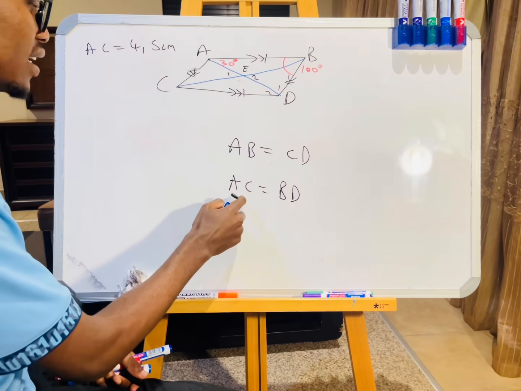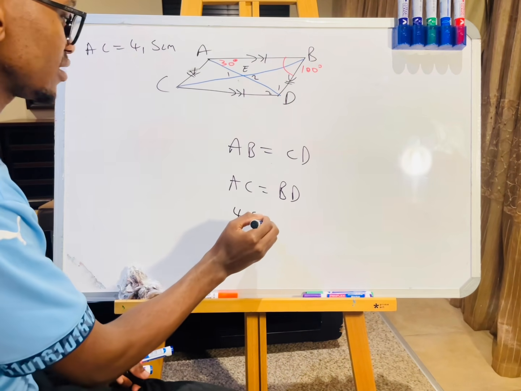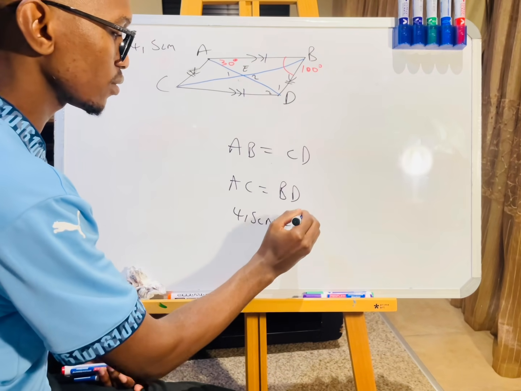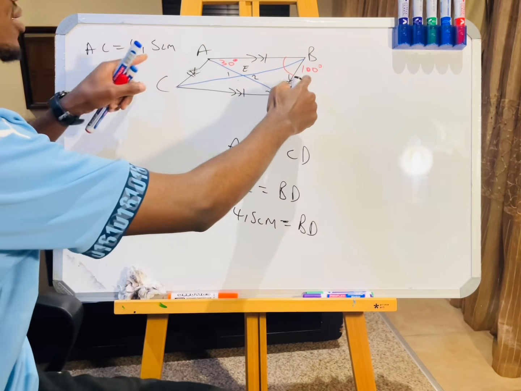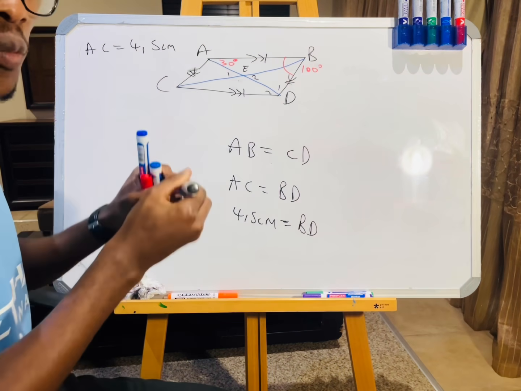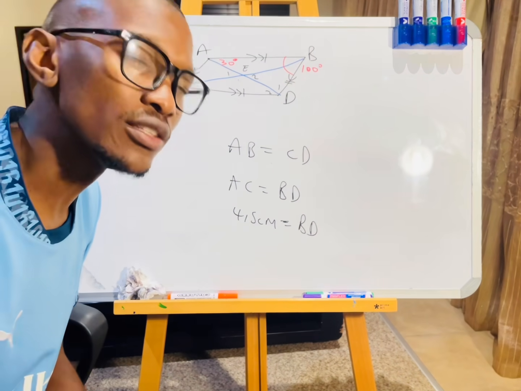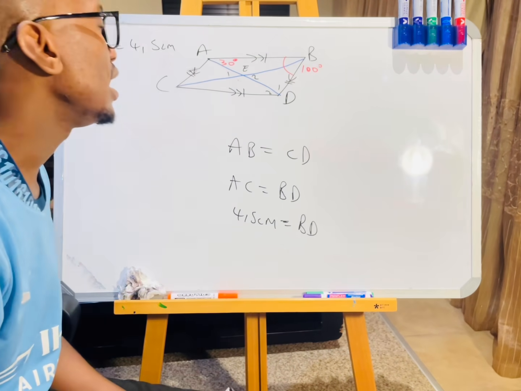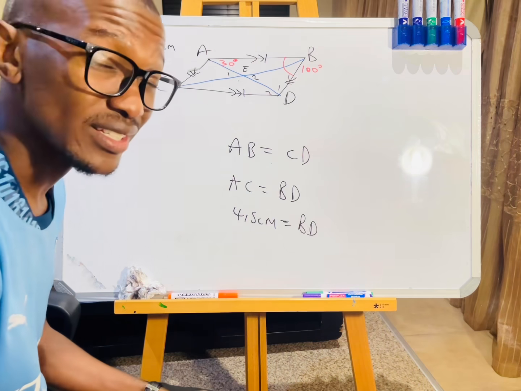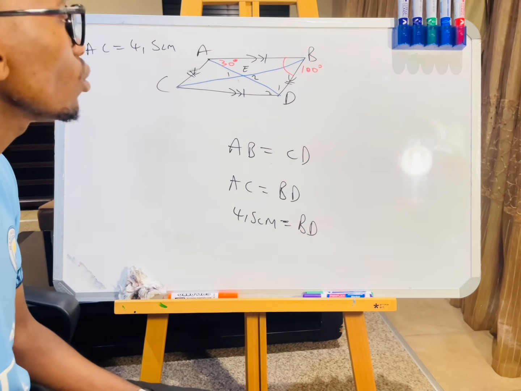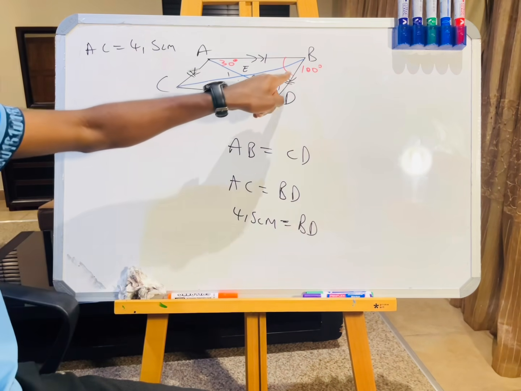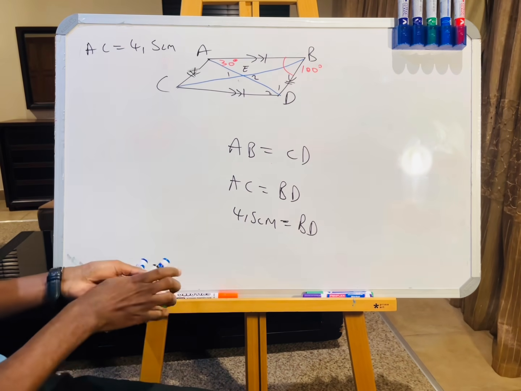So if AC is 4.5 centimeters, BD is also going to be that. Two opposite sides of a parallelogram are equal and parallel, the diagonals bisect each other, and the opposite angles are also the same. So if this guy is 100, even this guy is 100.